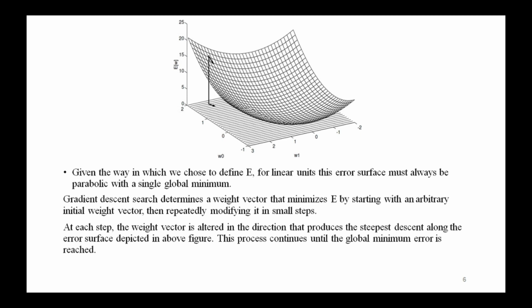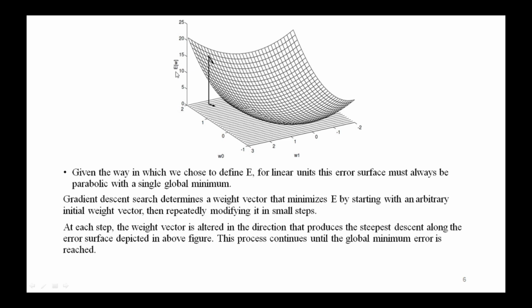The W0 W1 plane, this horizontal plane, represents the entire hypothesis space, and the vertical axis indicates the error E.